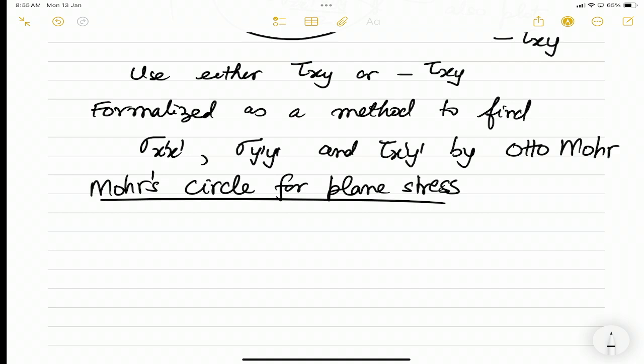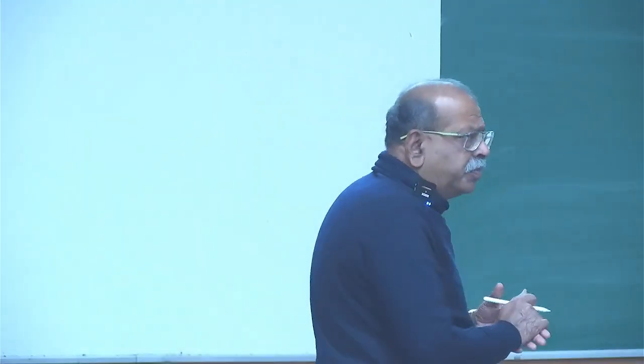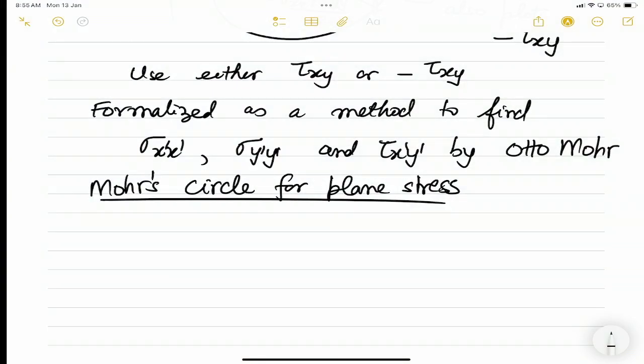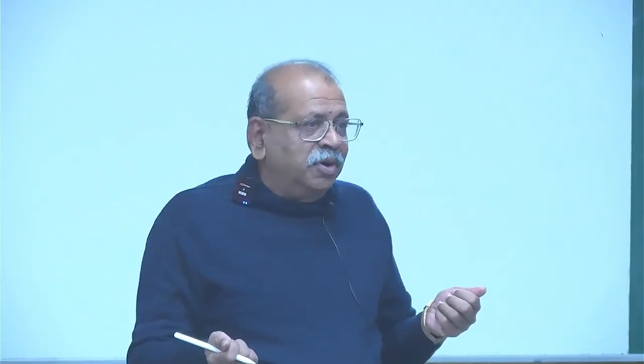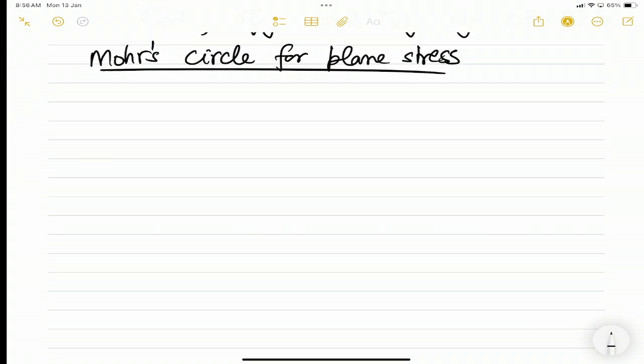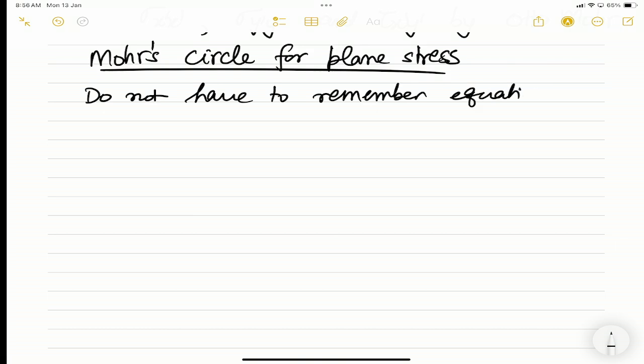He came up with this method which we call the Mohr circle for plane stress. Now, if you are in any solid mechanics course, then Mohr circle is as basic as 2 plus 2 is equal to 4. And let's see, using all these details, how do we work out this Mohr circle? The advantage of this is that we do not have to remember the equations.